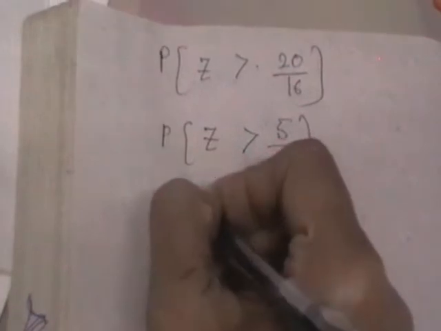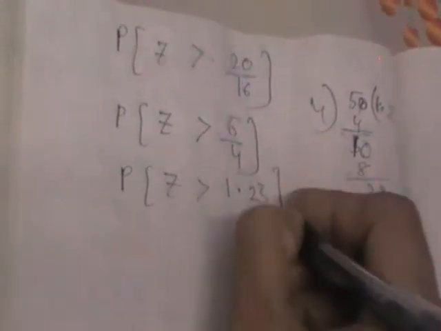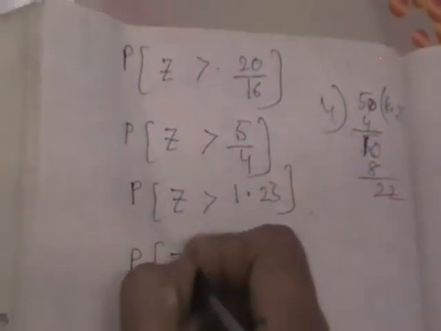Let us convert that into decimals, you will get 1.25. You need to find out the probability that Z greater than 1.25.